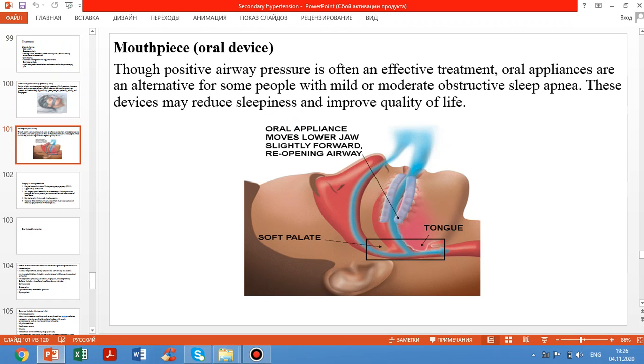Continuous positive airway pressure is often an effective treatment. Oral appliances are an alternative for some people with mild or moderate obstructive sleep apnea. This device may reduce sleepiness and improve quality of life.